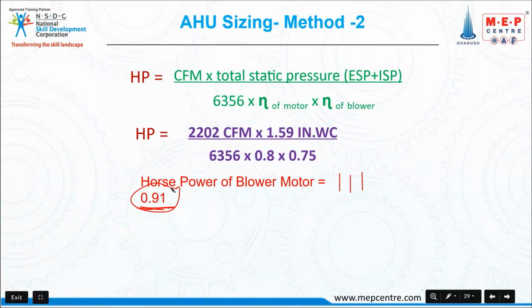Till now, all the calculations are defined regarding the blower motor. I need 1 HP, but you have taken 2 HP. What happened? It will give more running cost, right? So that is the reason we are calculating this value.